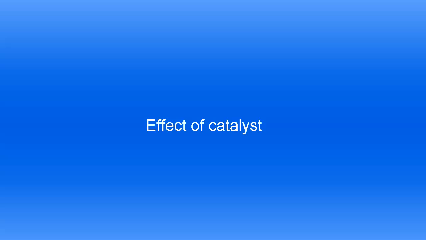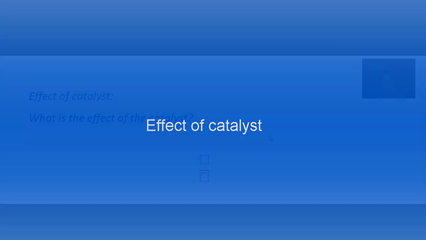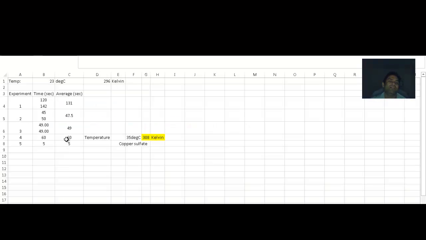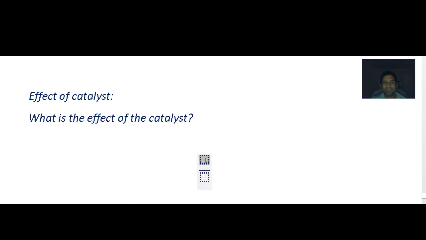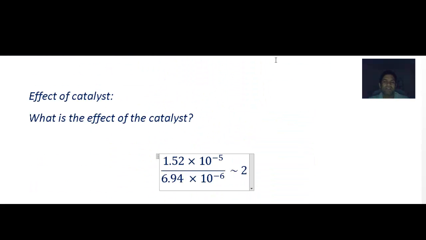So what is the effect of a catalyst, copper sulfate? Well, you should automatically know that the time went down for most of the reactions. Let's just compare the reaction rate with the catalyst, which we've calculated. Doing this on my calculator, the reaction rate is probably twice as fast.